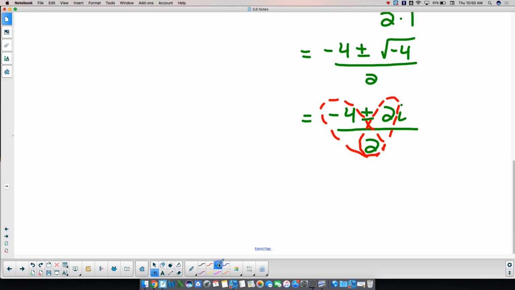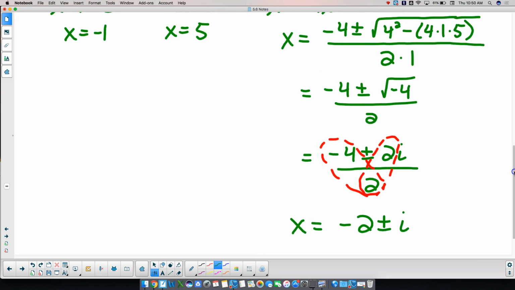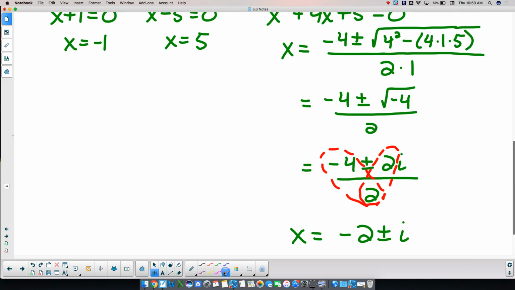So that would give me x is equal to negative 2 plus or minus i. So my 4 zeros of this function are negative 1, 5, and negative 2 plus or minus i.